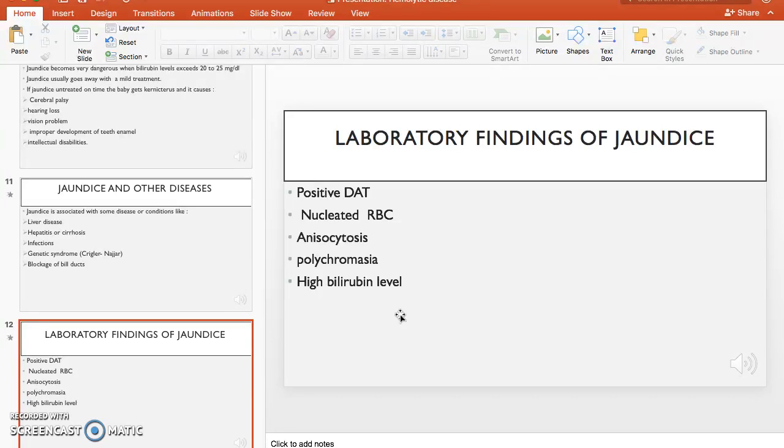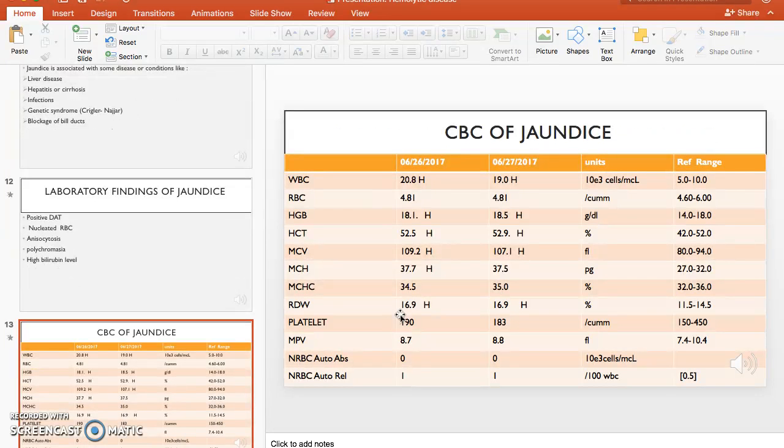When we diagnose, we look at his blood morphology: the presence of nucleated red blood cells, anisocytosis, and polychromasia. Those findings indicate that the baby is suspect for jaundice. Here, this is taken from a jaundice baby. MCV is 109.2 and hemoglobin is 18.2.